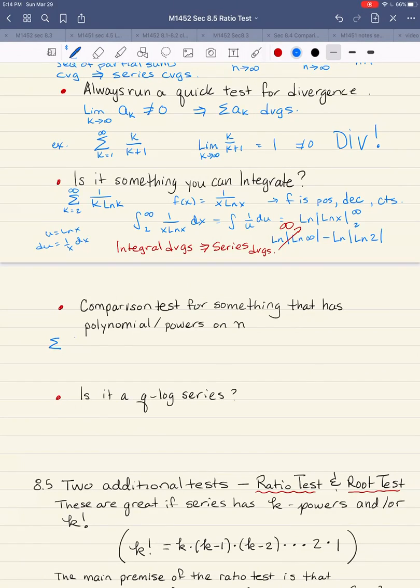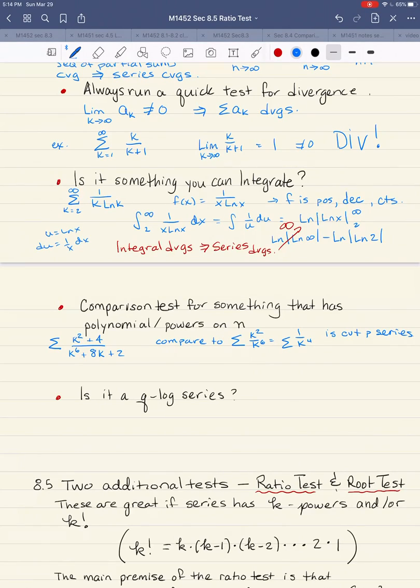For example, if I wanted to run a comparison test on k squared plus 4 over k to the 6th plus 8k plus 2, then I can say, well, let's compare to the series k squared over k to the 6th, which is 1 over k to the 4th. This series that I'm comparing it to is a convergent p-series.